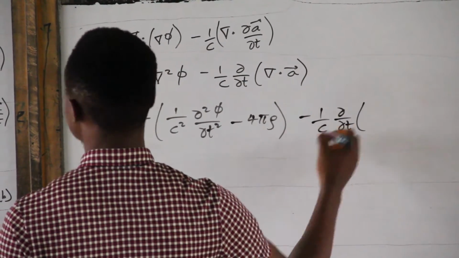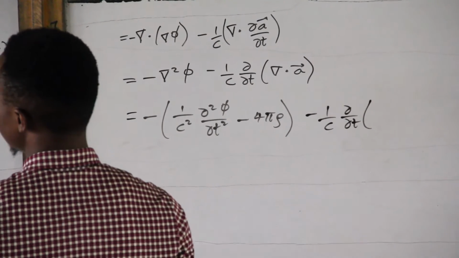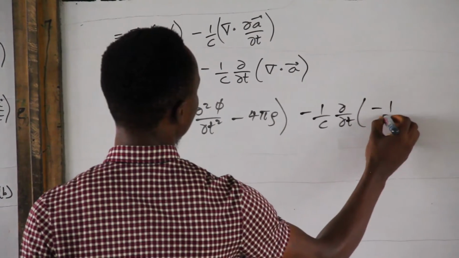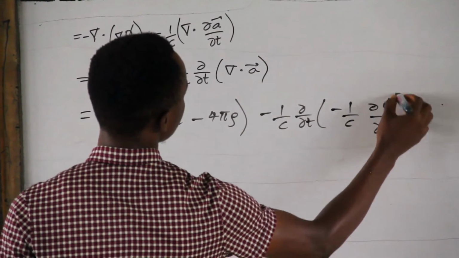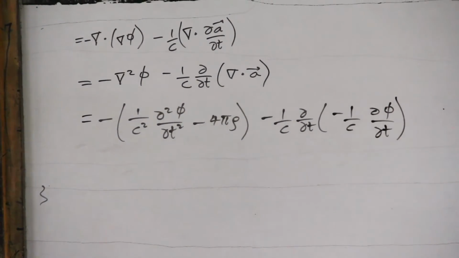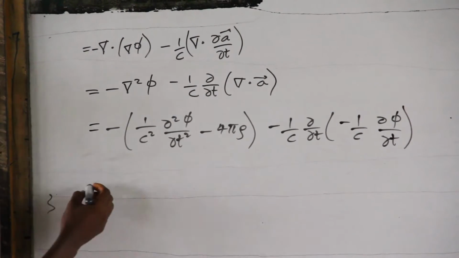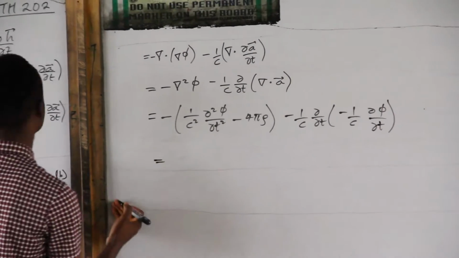What's happening now? That's the start. Lambda dot A is going to be minus 1 over c del 5 del t. You get that? So this is going to give us this.